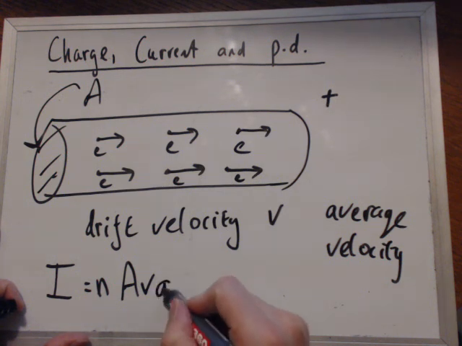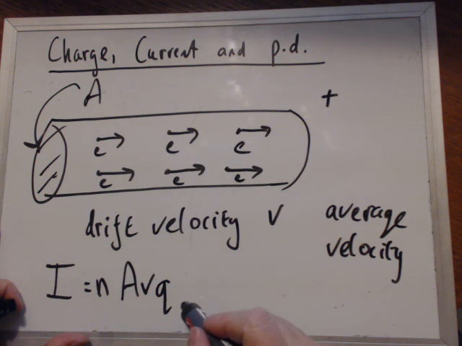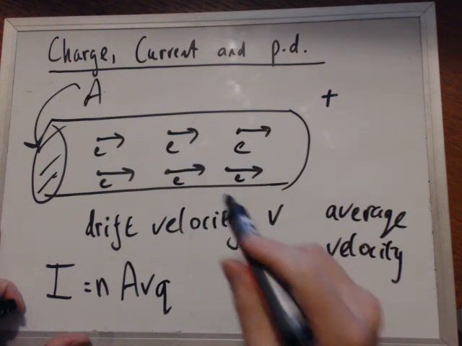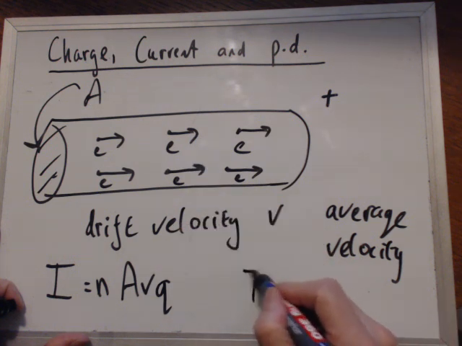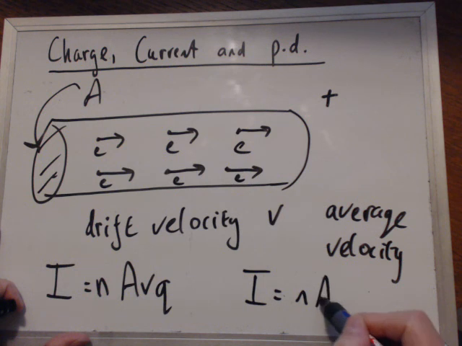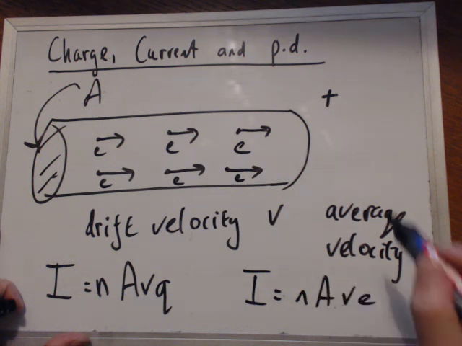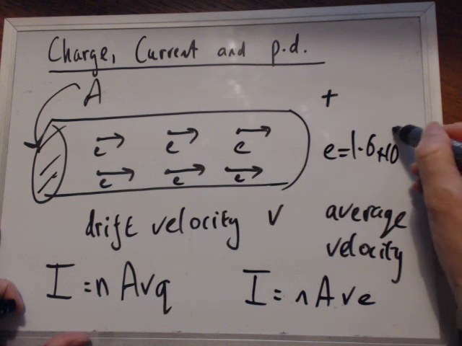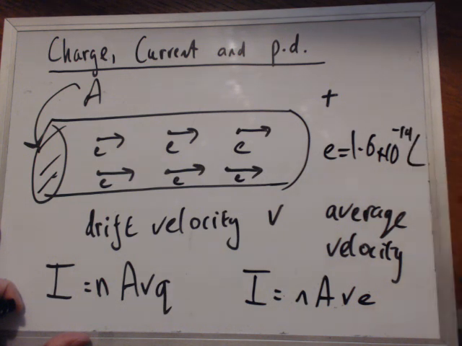This is the general formula, I equals nAvQ, for any charge. Specifically in a metal, it would be electrons, so I equals nAve, where e is equal to 1.6 times 10 to the minus 19 coulombs.